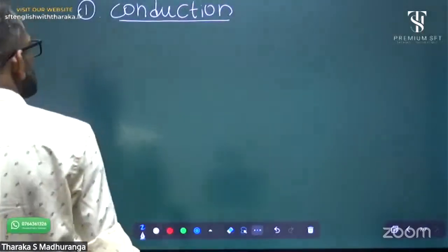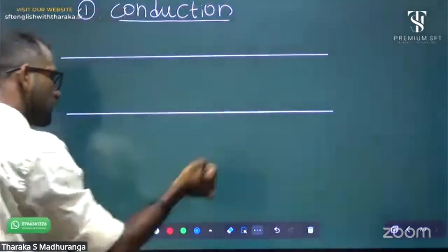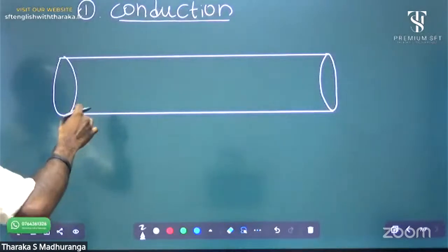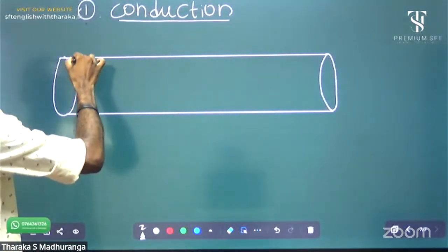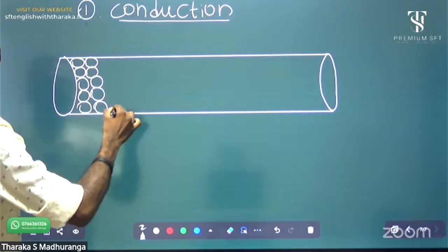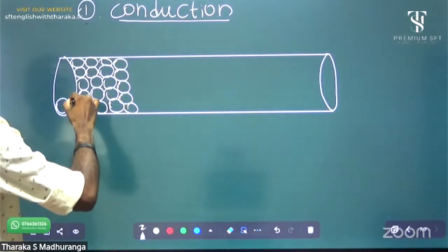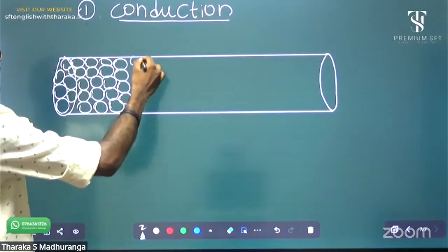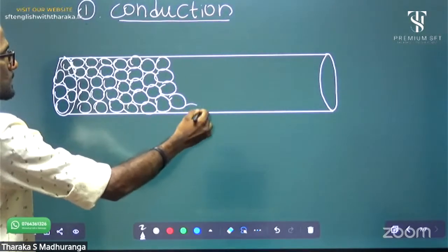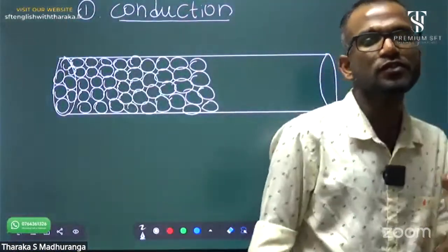I think you can remember that. Very simple: molecules highly compacted and very strong intermolecular bonds.